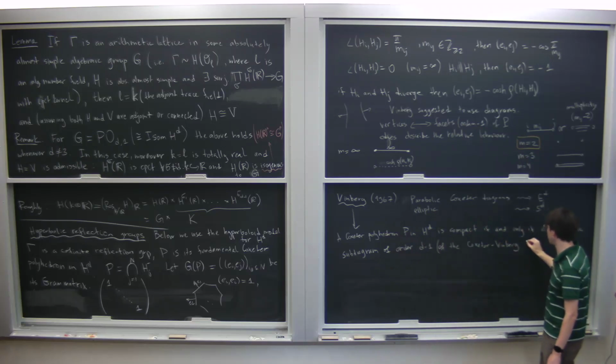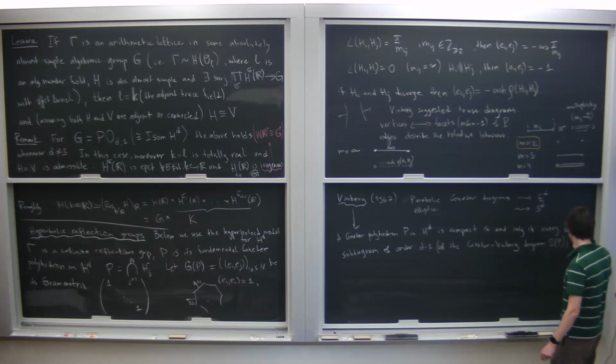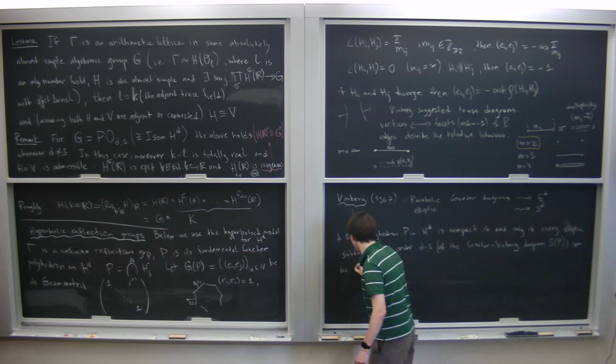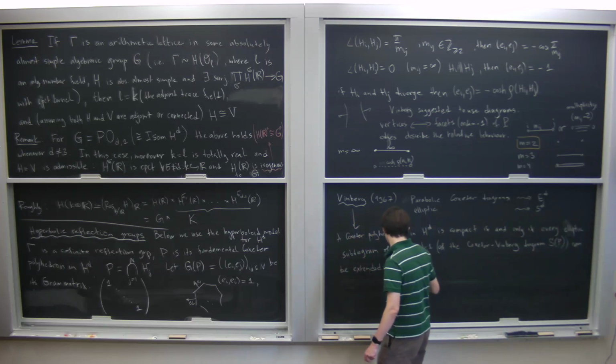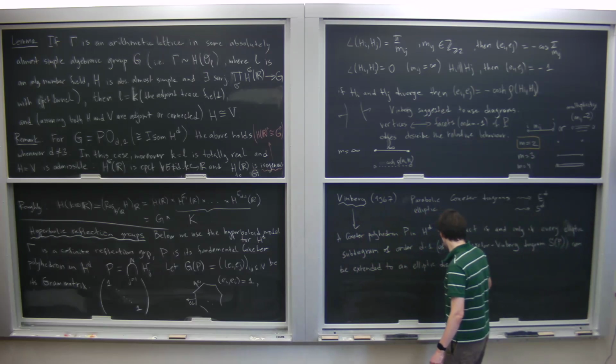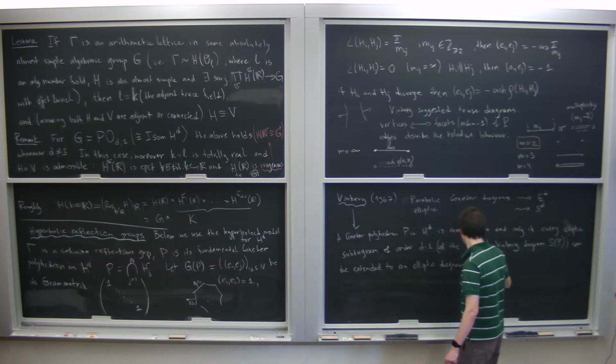So of the Coxeter-Vinberg diagram, we can denote it as S of P, it can be extended to an elliptic subdiagram. Sorry, I should write subdiagram, it's important.